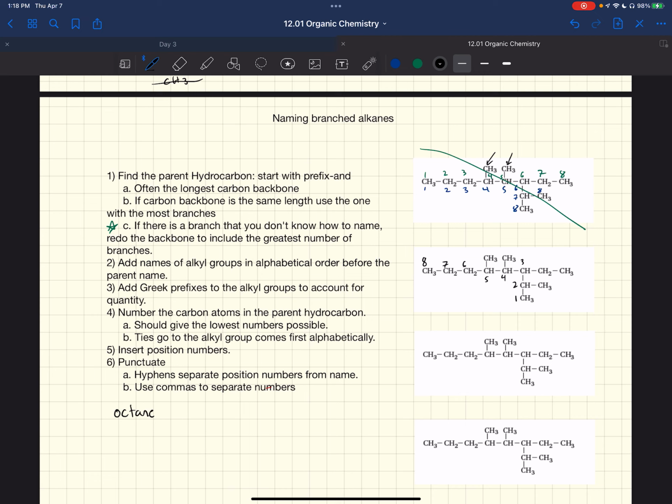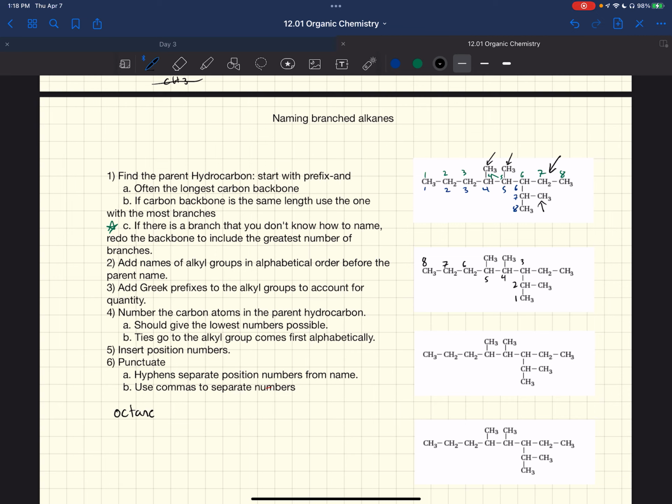So either way, I have this branch, this 2-carbon branch here, and this branch here.